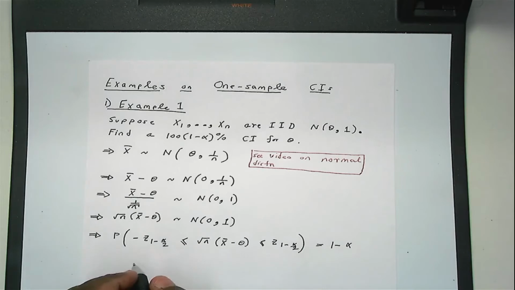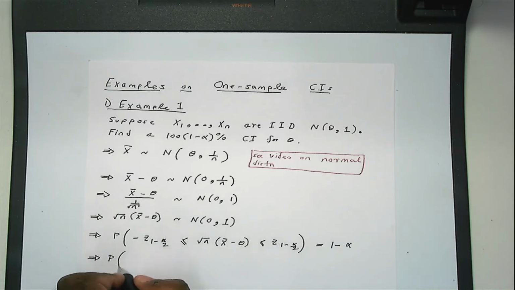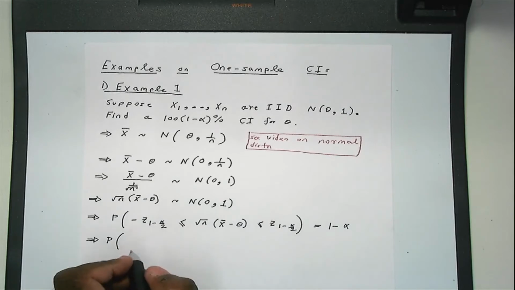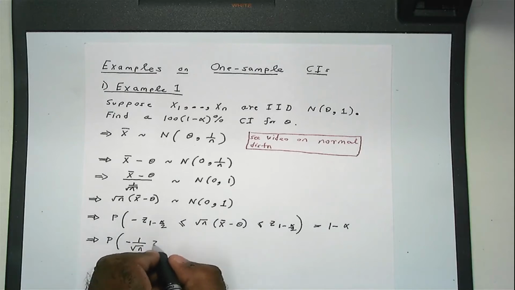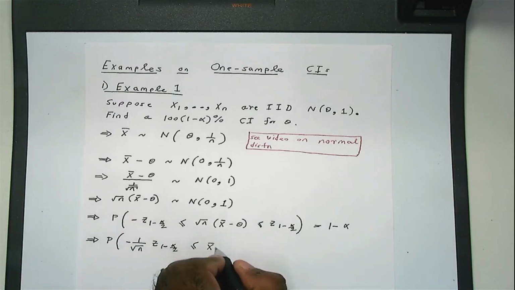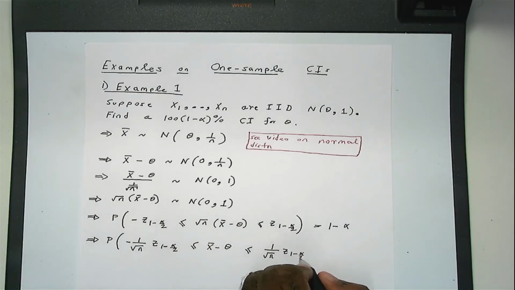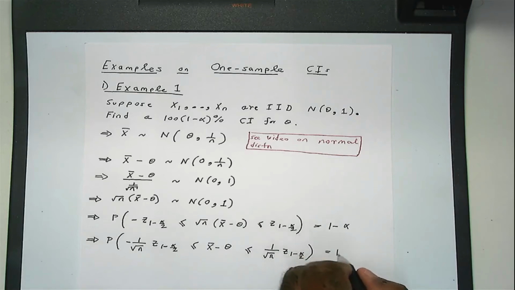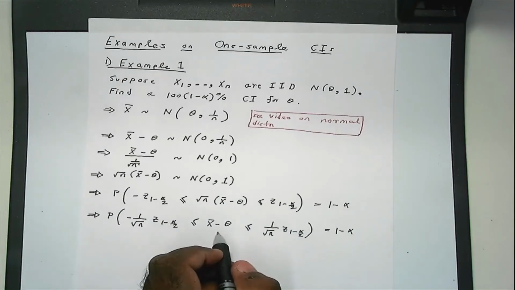That means that you should divide everything here by root of n. You get the probability that, and finally make this into a statement on theta. This is what you get.